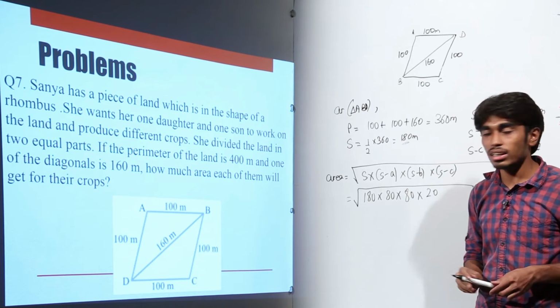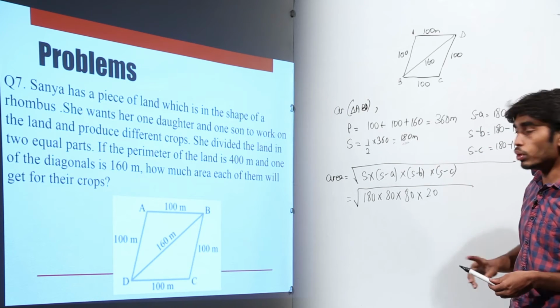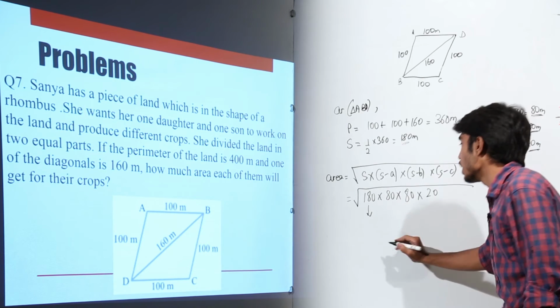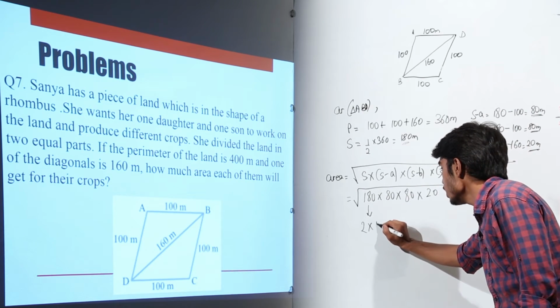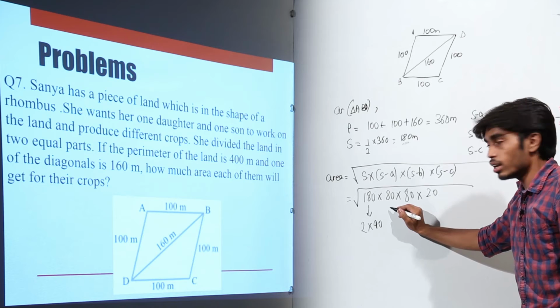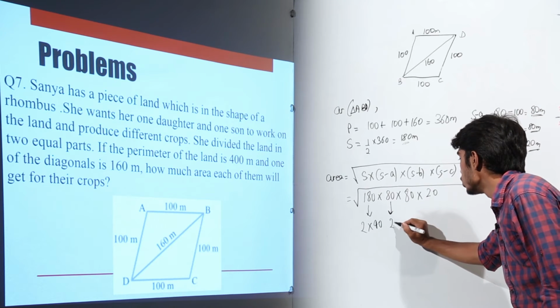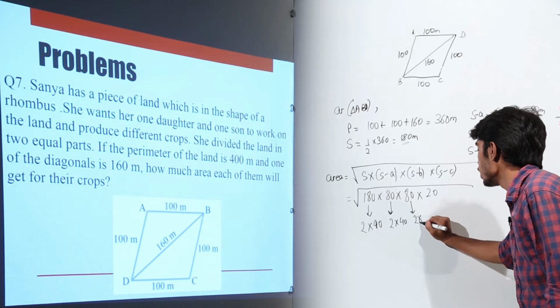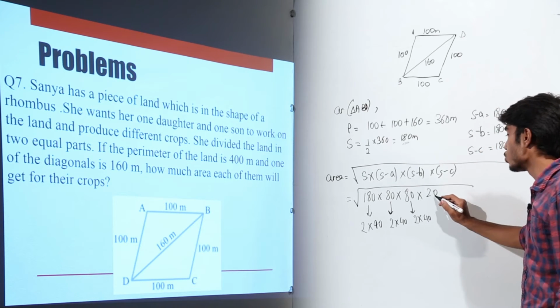Now as we can see that this is a big multiplication problem, so we will try to break it into simple problems. We can write 80 as 2 into 40, this 80 as 2 into 40, and this will remain 20.